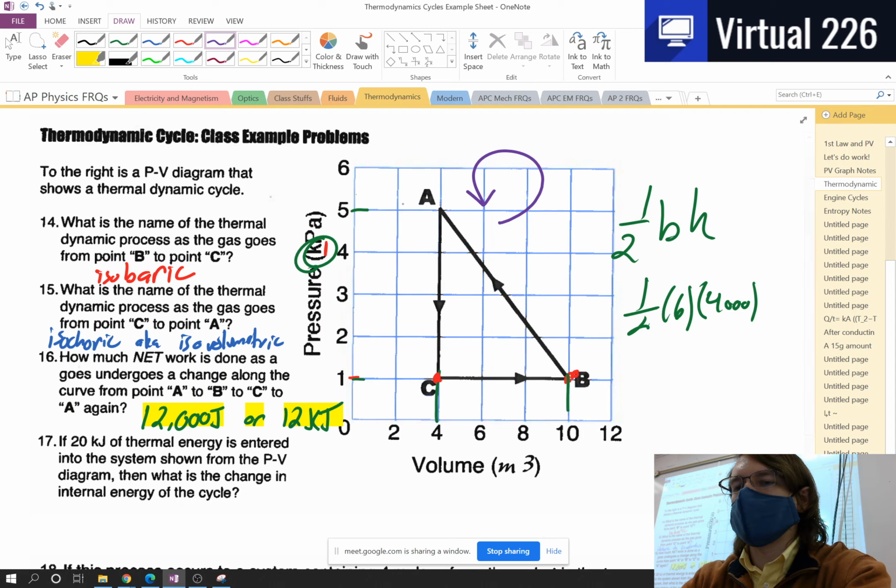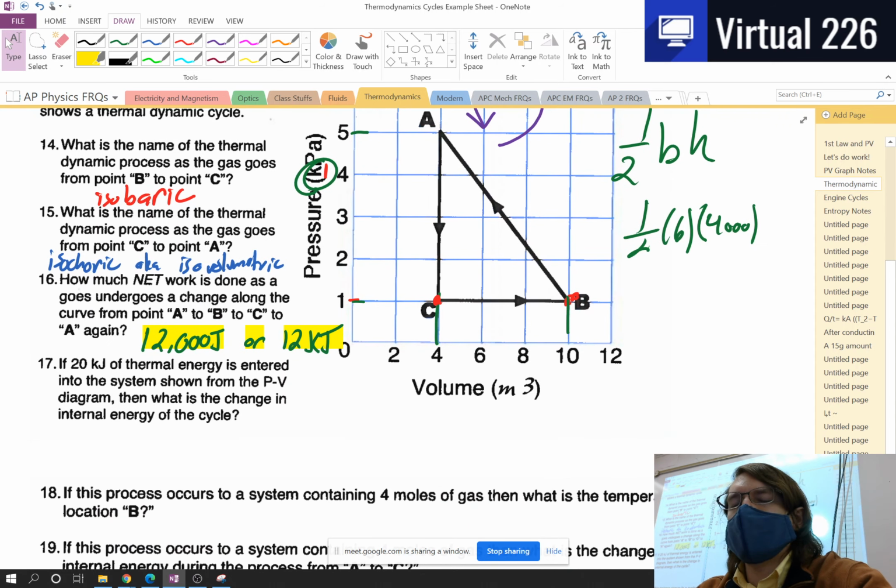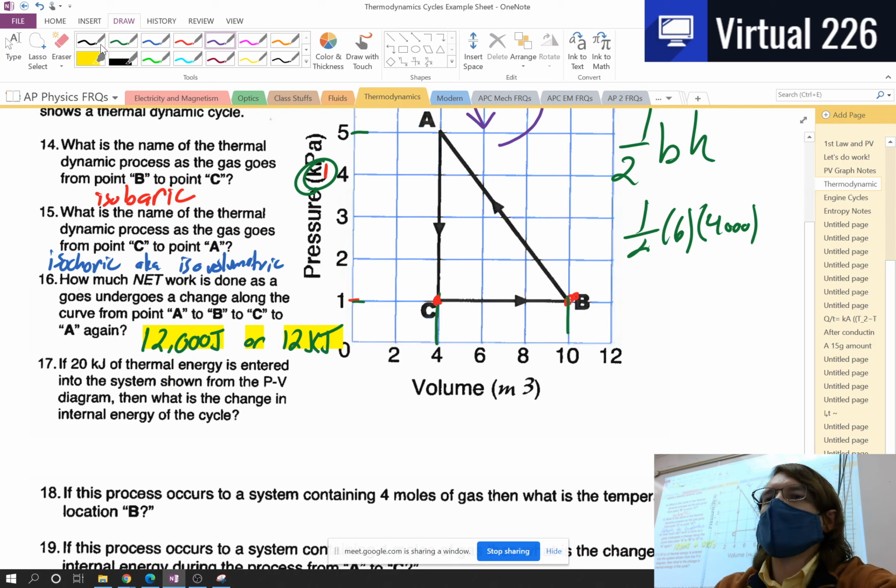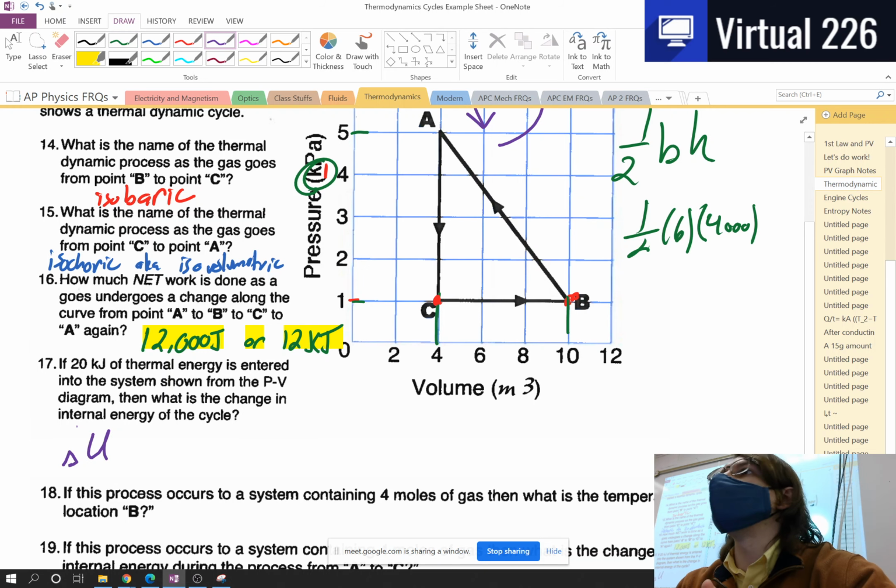Okay. If we look at the next one here, number 17, if 20 kilojoules of thermal energy is entered into the system, shown above in this PV graph, what is the change in internal energy of the cycle? So if we're looking for a change of internal energy, we're looking for a delta U. Now, our first gut might be to look at temperature changes and do a 3/2 nR delta T. But in this case, we're given energy entered into the system.